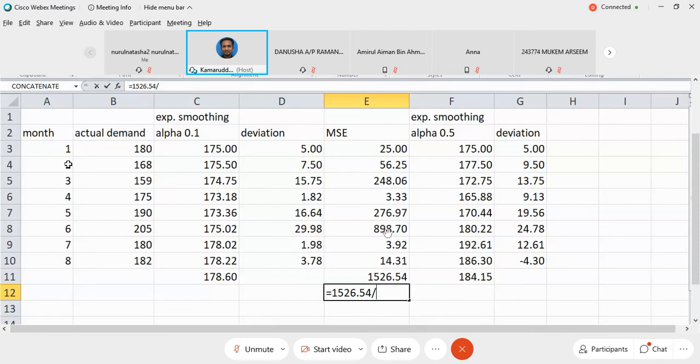Here we have 8 quarters, so we divide by 8 quarters. So we have the value of the mean square error, MSE.